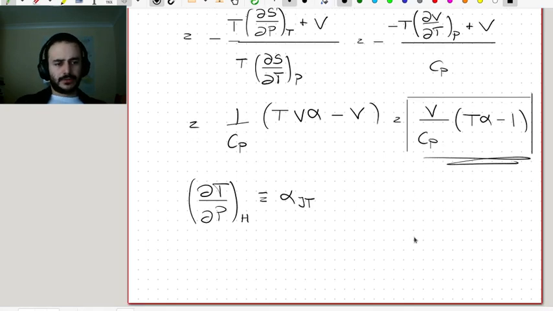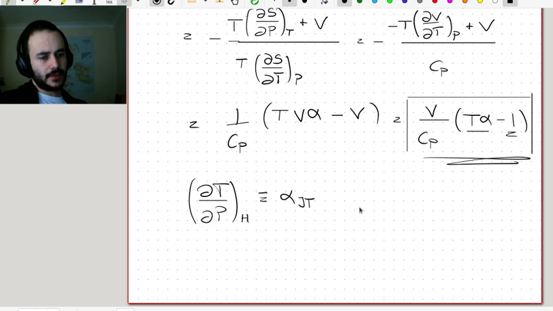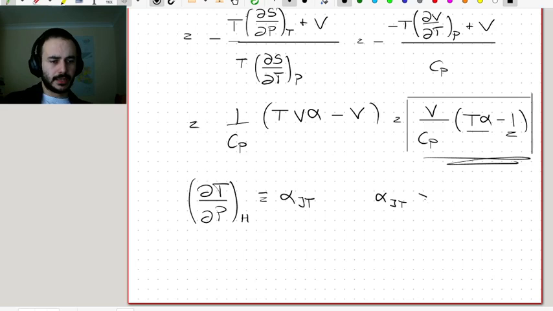The first thing that is striking from this expression is that you have T alpha minus 1, so it is absolutely clear that the quantity doesn't have a well-defined sign. Depending on what the temperature is and what other things are, you might have that alpha JT can be larger than 0, or alpha JT can be smaller than 0.